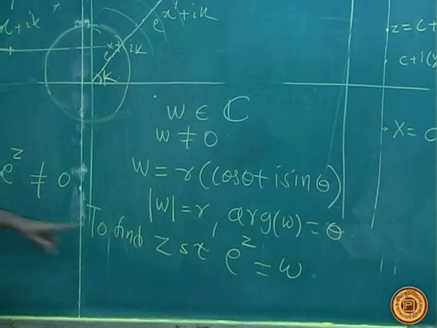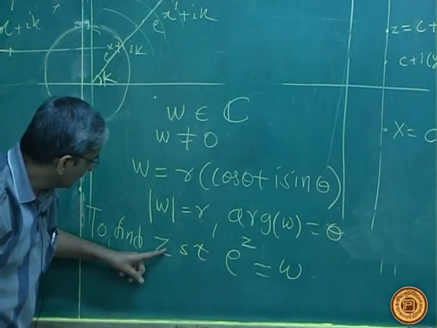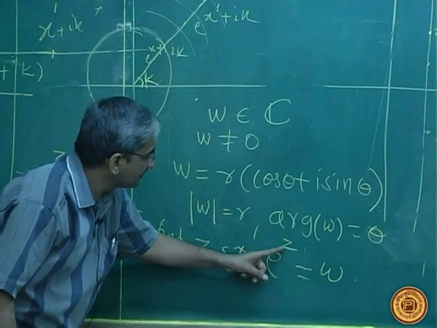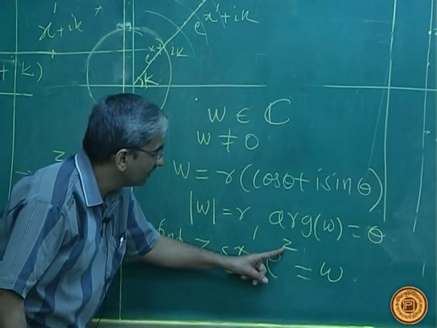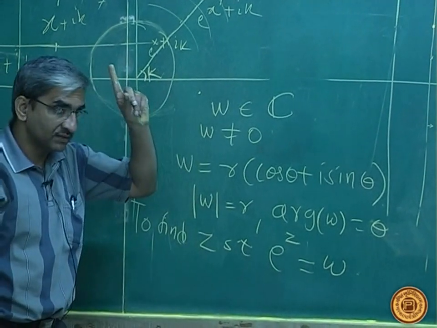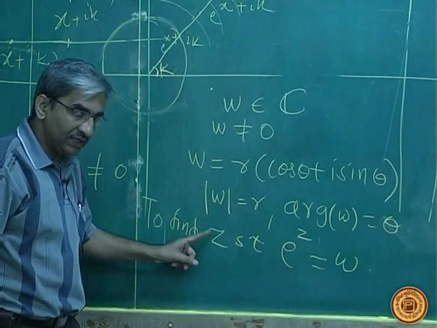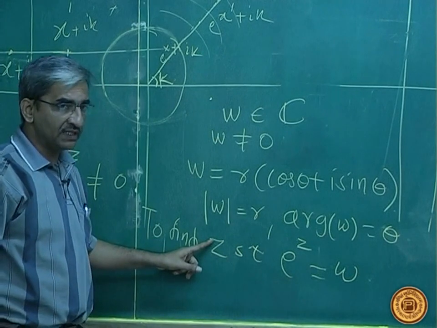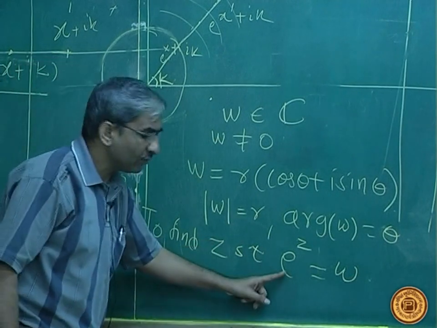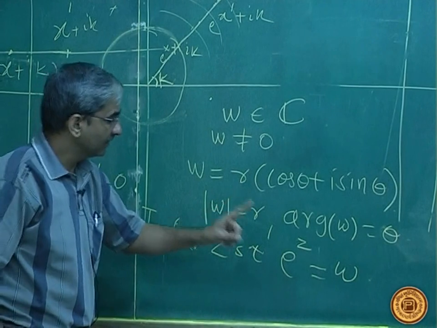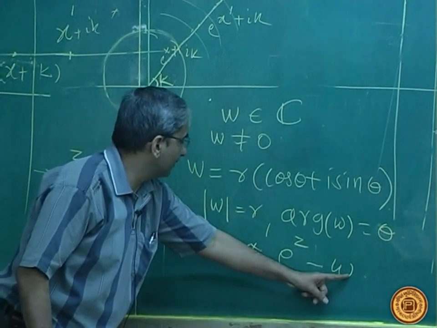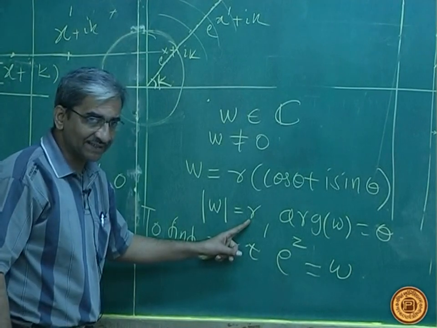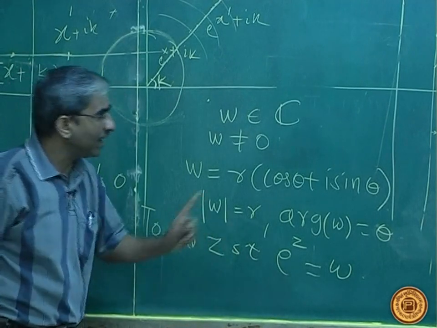But we know that if there is a z like this, then e to the power z has modulus e to the power x. We want to find this z. This z is going to be some complex number. So suppose z is x plus iy, then what is mod of e to the power z? e to the power x. But mod w, w is given, that is r. So we want for such x, e to the power x equal to r.